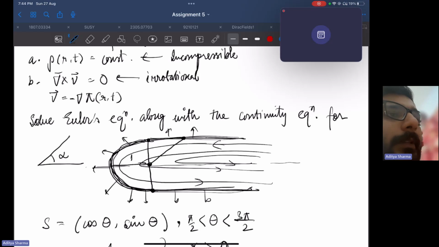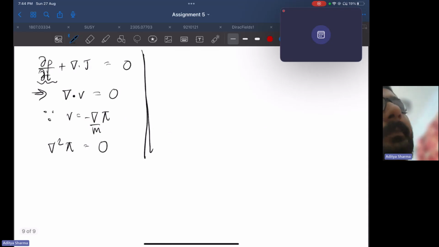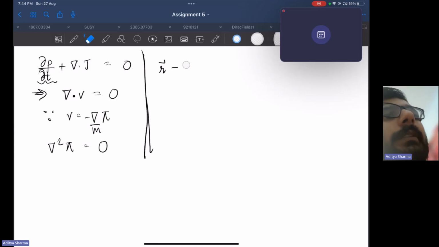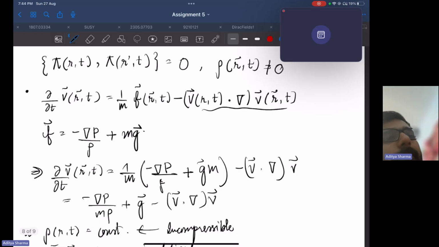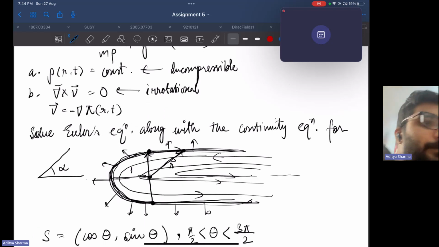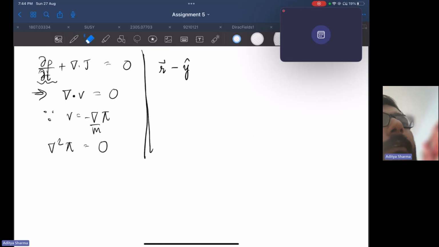So the equation on the line will be r vector minus y cap is equal to, r vector minus y cap dot y cap is 0.